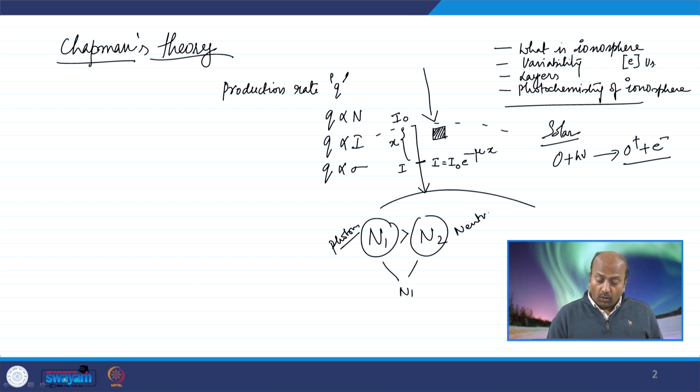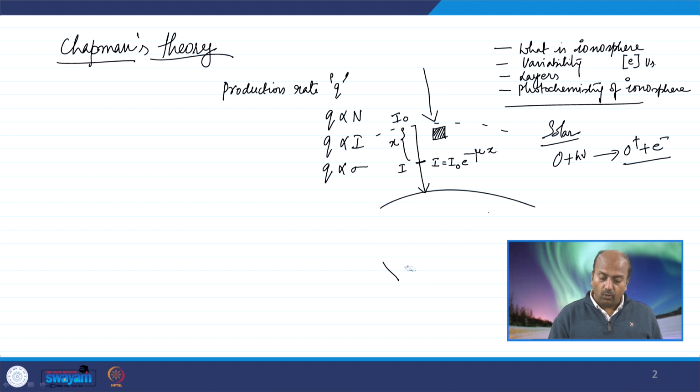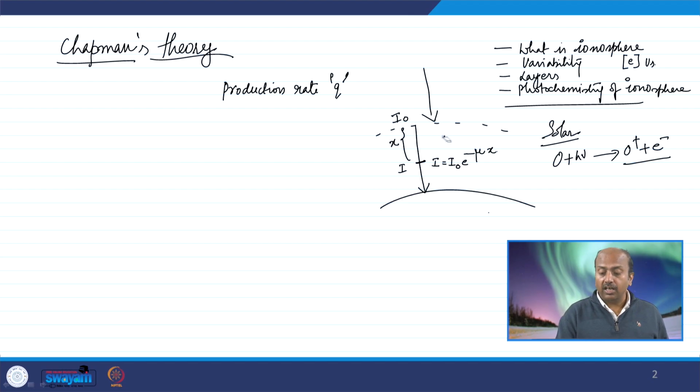Now, what is happening in this process is very, very important. As this radiation is traveling towards the surface, it is encountering more and more neutral species which can be ionized. Do you agree? But at the same time, the available intensity as it travels is becoming smaller.